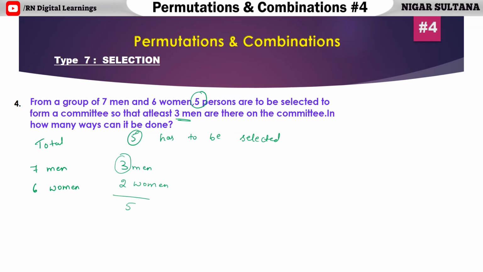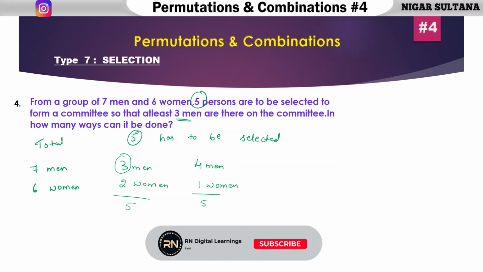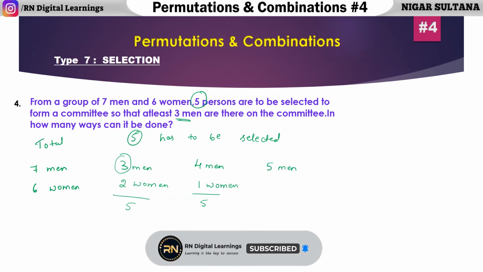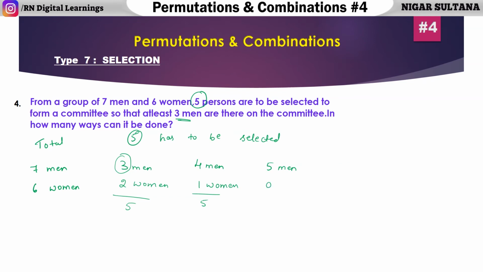I can take 4 men also. If I take 4 men, how many are left? 1 woman. And this will also make 5 selections. Now it can be 5 men. If I take 5 men, then there will be 0 women. So this is 5. Now there is no need for women to be selected because 5 men have been selected here.